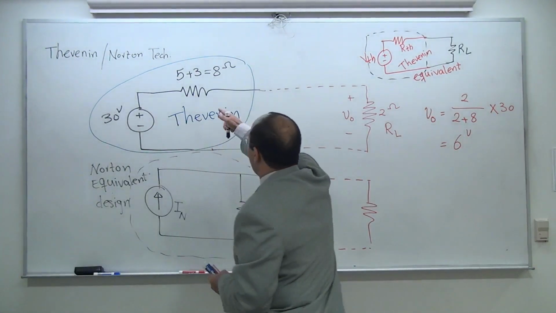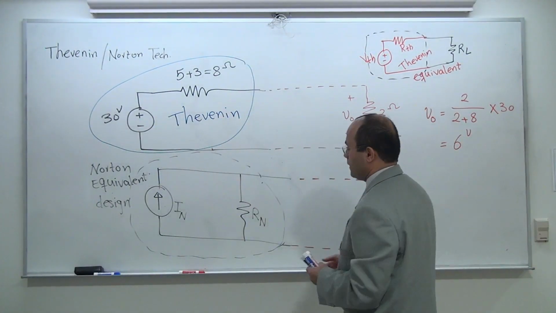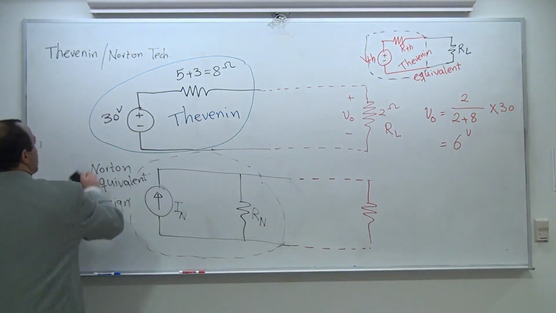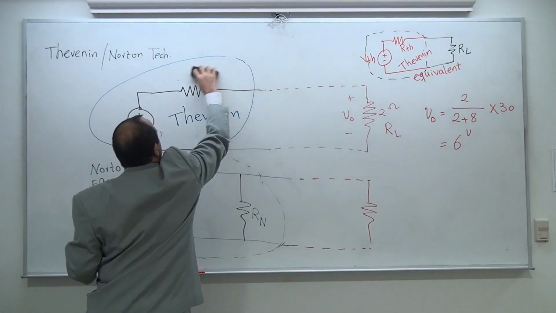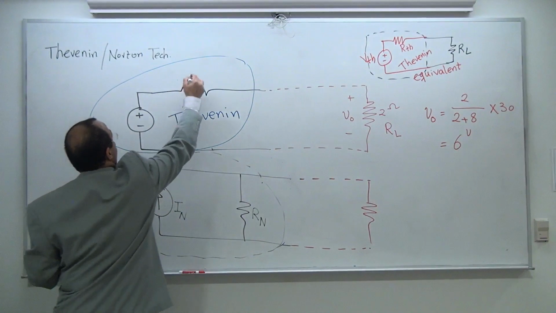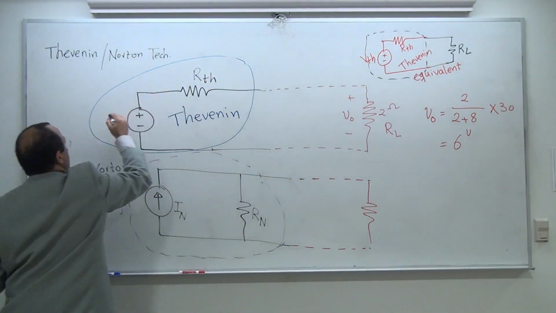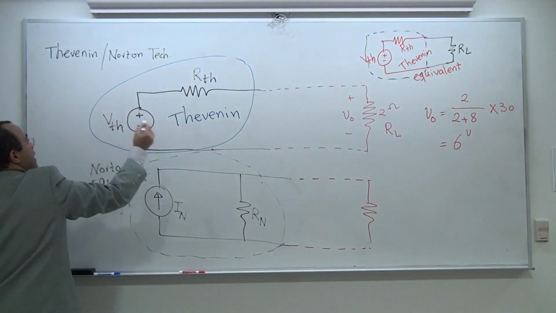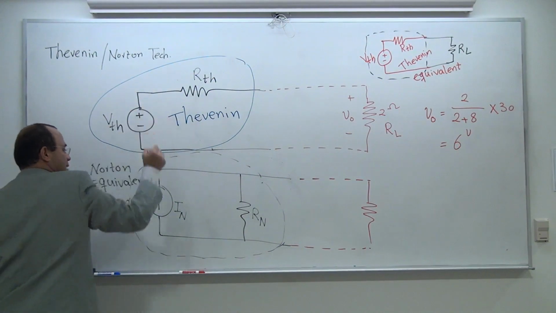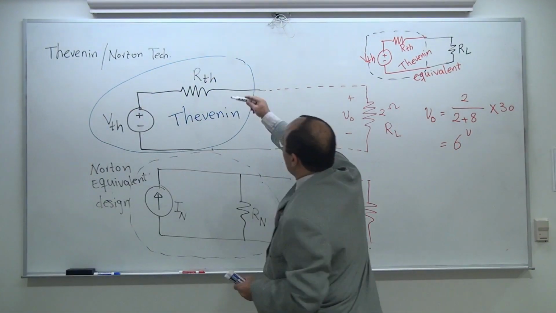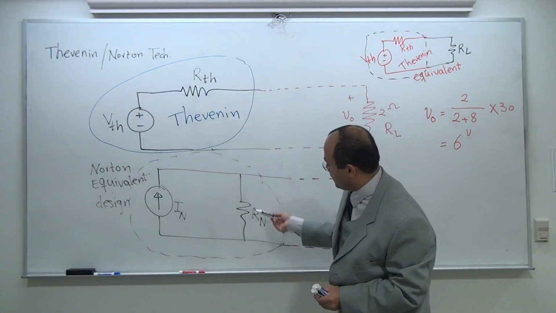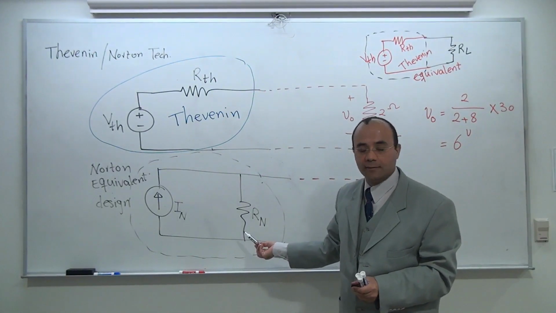So if you happen to have this and this, actually let me go back and call them appropriately. I'm going to call this R Thevenin, and I'm going to call this V Thevenin. If you have this, how do you get this? All you have to do is copy R Thevenin and put it here. That's your R Norton.